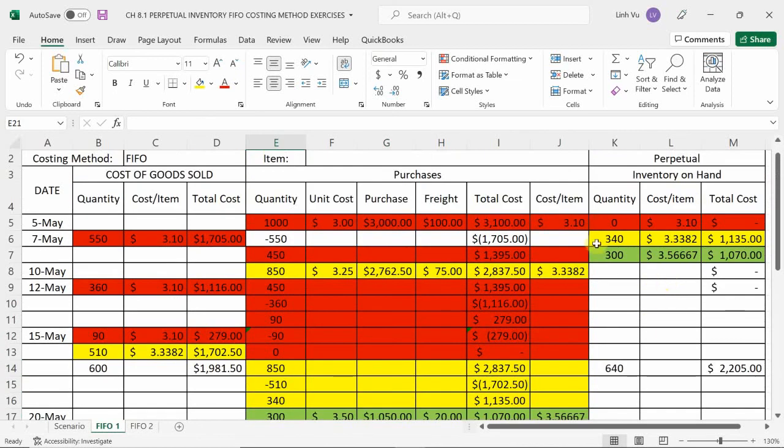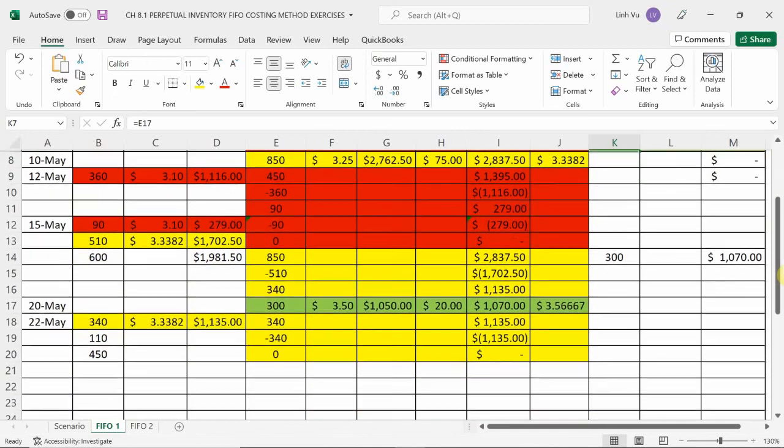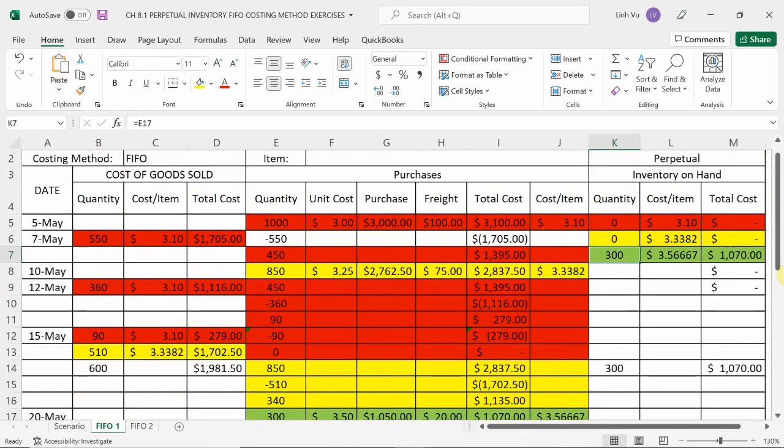Since I got rid of my yellow, I no longer have it. Okay. But I cannot just delete this whole entire row because I use cell referencing. If I do delete this whole entire row, a lot of my formulas are going to get messed up. All right. So I got rid of my yellow batch for 340.